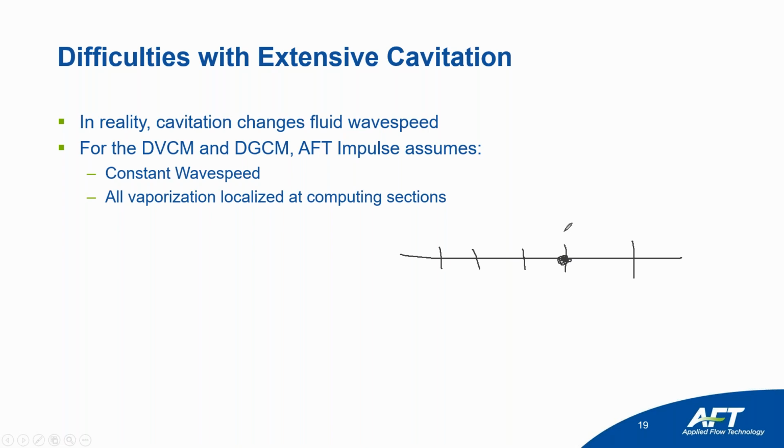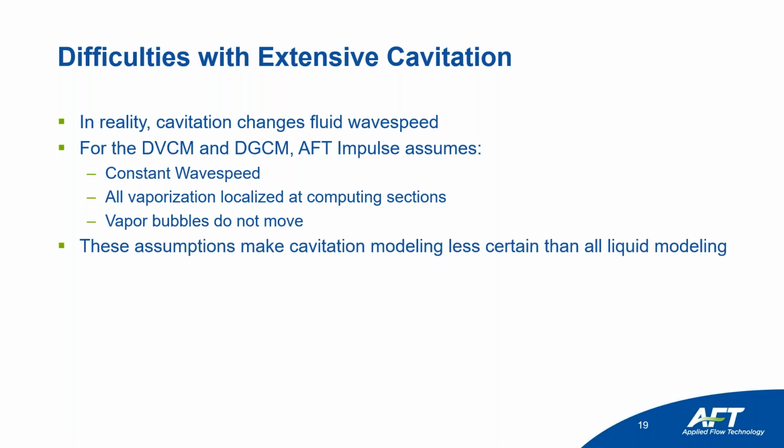In reality, that vapor bubble can grow larger and larger, and Impulse is not going to show your bubble necessarily growing, and also it's not going to be able to move. So if you have a sloping pipe, in reality, there's potential for the vapor bubbles to travel. In Impulse, they're going to stay at the computation stations. So those are very robust assumptions that make cavitation modeling very much less certain than liquid modeling.